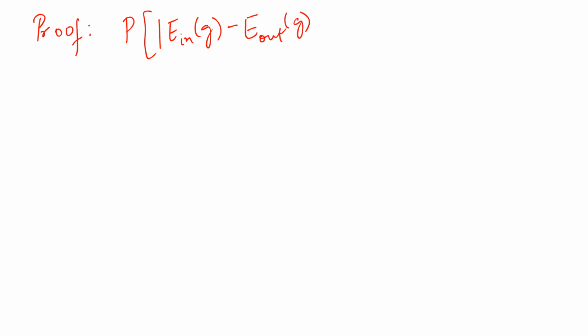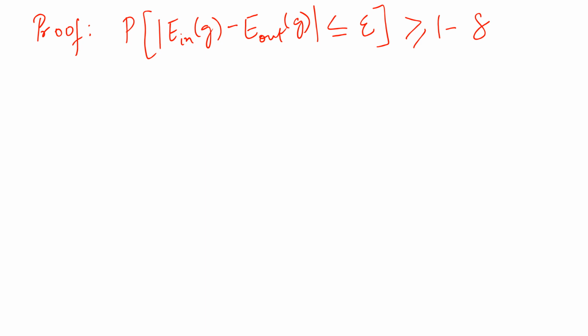So let me write the proof here. Okay. Now, we know from the Hoeffding's inequality that the probability of E in for g minus E out for g less than or equal to my tolerance, right, is greater than or equal to 1 minus delta, where delta I've just defined, right?